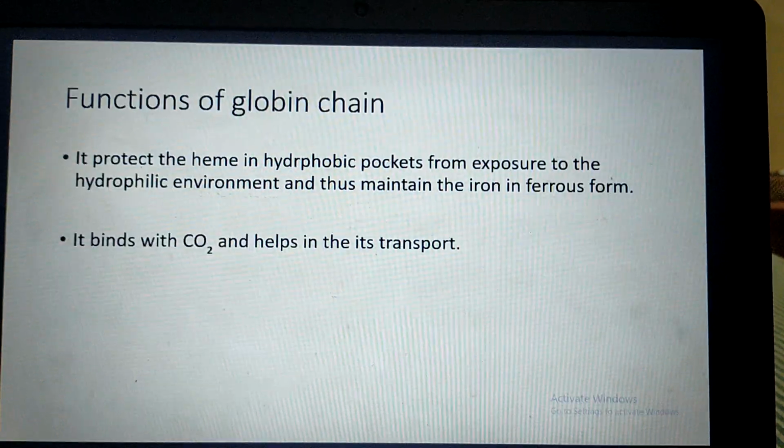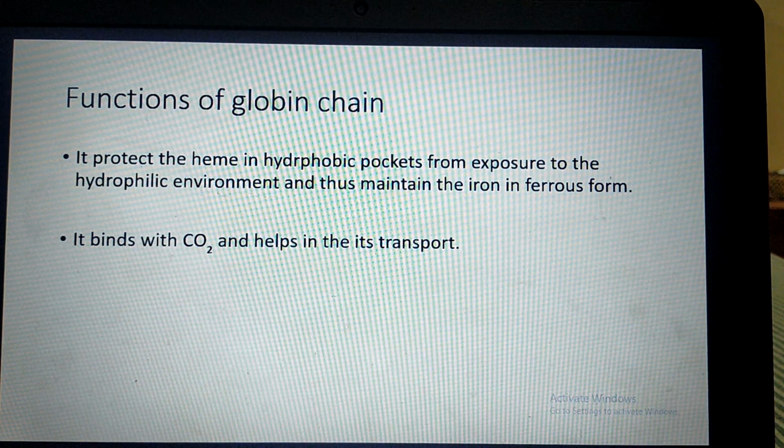Now the functions of the globin chain: it protects the heme in hydrophobic pockets from exposure to the hydrophilic environment, and thus maintains the iron in ferrous form. I have told you that iron is in two forms, ferrous form and ferric form. Ferric form is the more stable form. So iron always tries to achieve the ferric state, which is more stable.